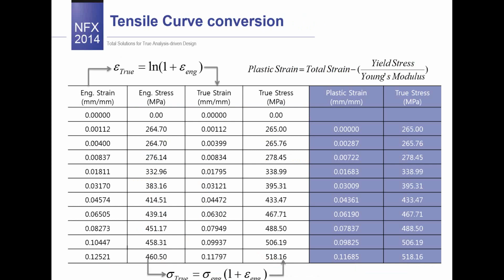It's very simple when you use the presented formulas. On the slide, we see an example of the data conversion. There is a table with engineering information and true stress-strain data. Using these formulas, which are valid up to necking only, you can easily convert this data. This is a very important assumption.